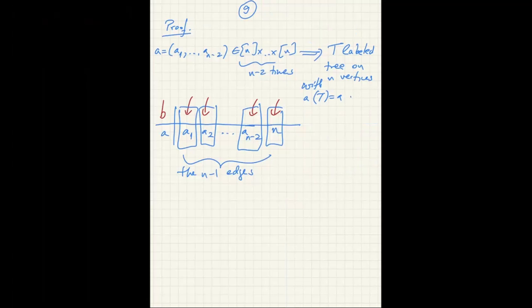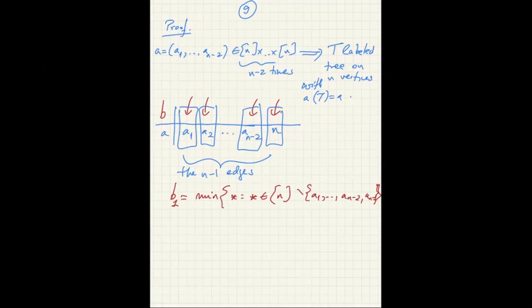And so B1 is the smallest one from them. So B1 is the minimum over all x in the set n minus A1, ..., An minus 2, An minus 1.